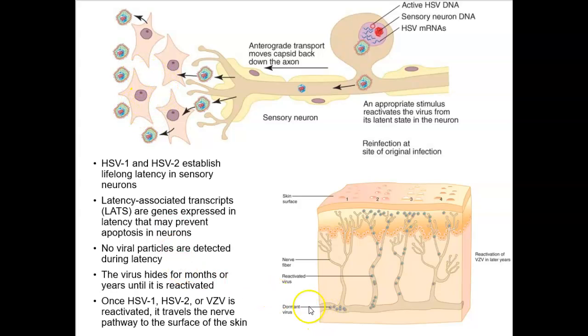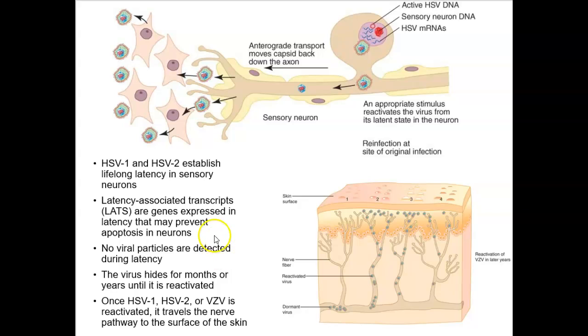And you've got dormant virus here, and then once it starts to reactivate, you might notice the starting of a red rash, and then the virus travels up, and you get the vesicle formation, and then your immune system is going to fight it. It's going to blister over and go away, but the virus is still going to remain latent in your nerve cells.